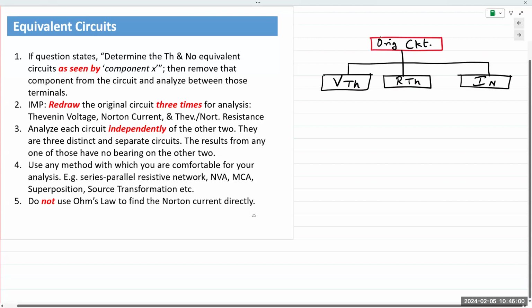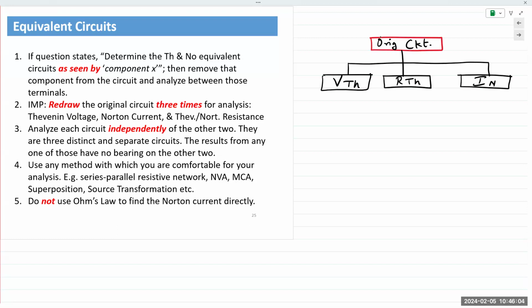All 3 are independent of each other. So you're going to redraw the circuit 3 times, and when you redraw the circuit, each circuit is different from the other 2.